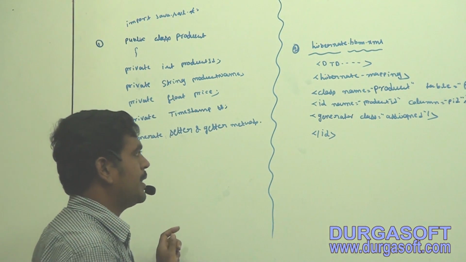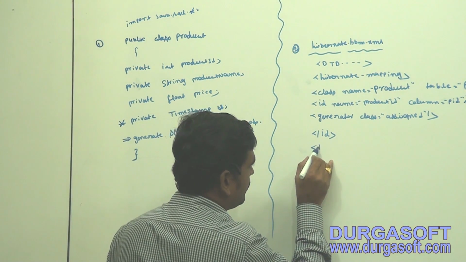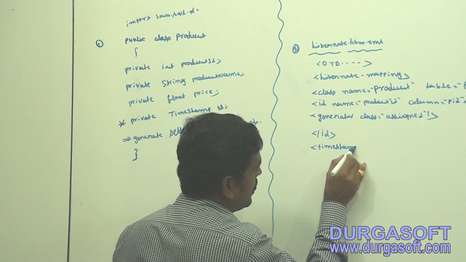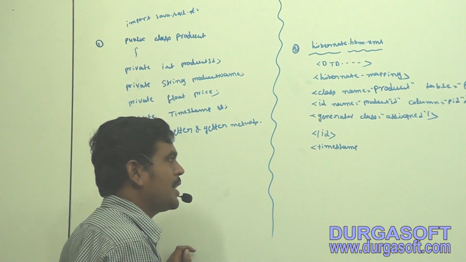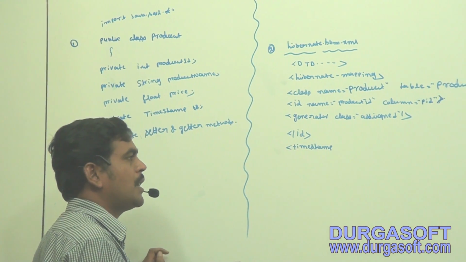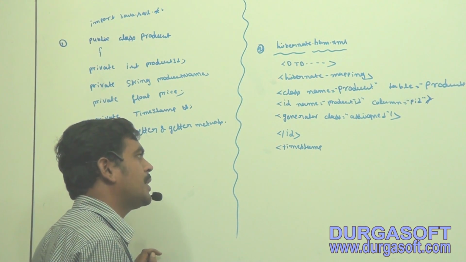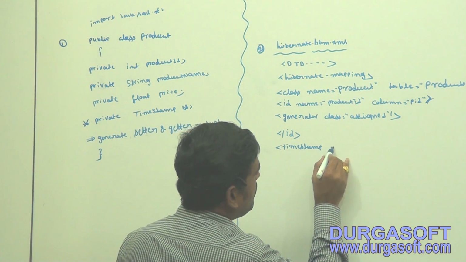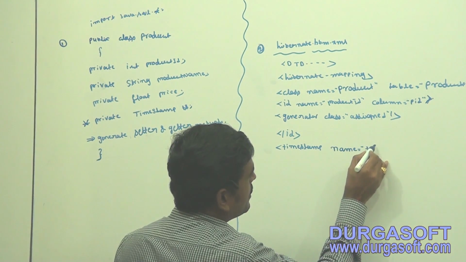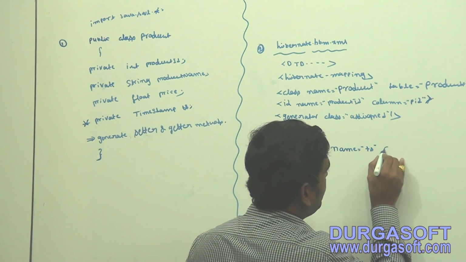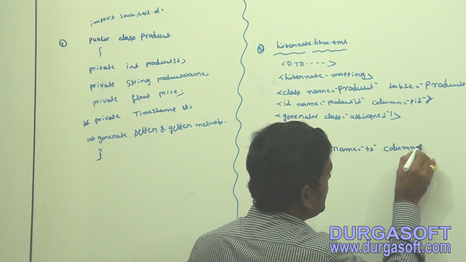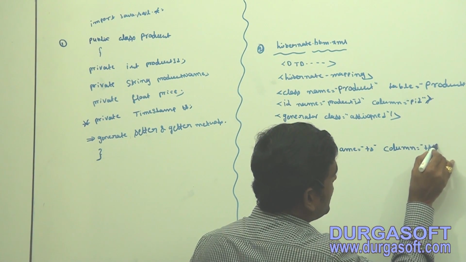After the id element, immediately we can take timestamp. Versioning and timestamp both at a time is not possible. We can follow either versioning or we can follow the timestamp. Timestamp name is equal to TS, column is equal to TS time.